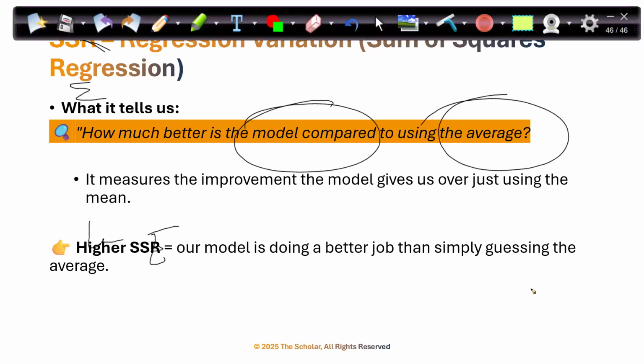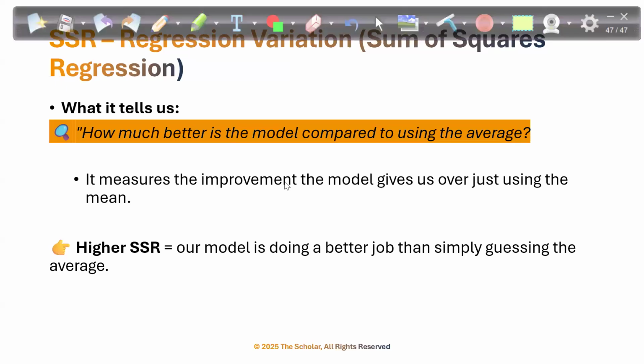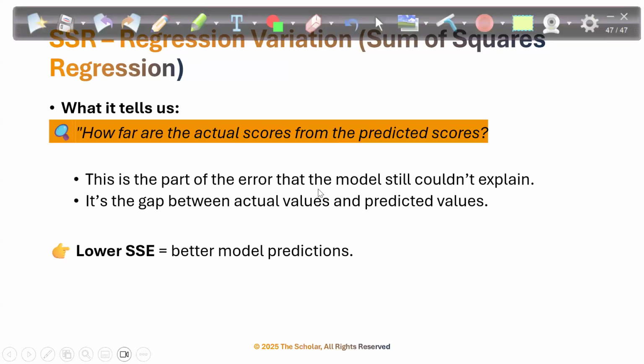The lesser the SSE, our model is doing a good job, right? Ignore this typo. SSE should be lesser, and the lesser the SSE, the better the model is. It measures the improvement the model gives us over using just the average. Next is your SSR. I just messed up, right? This is my SSE and this is my SSR.